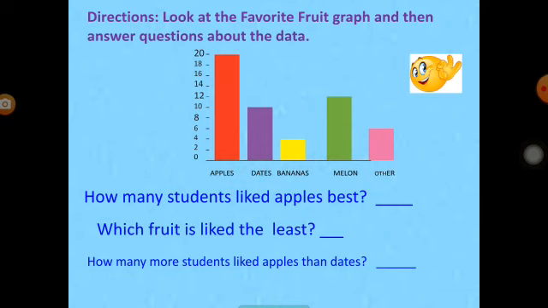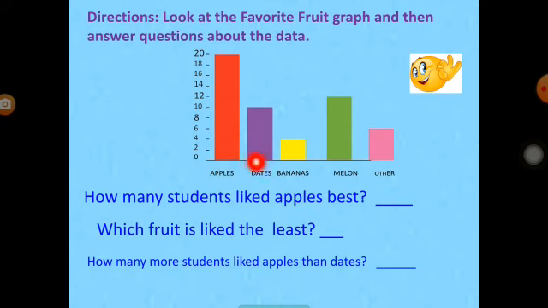So, how many students like apples? We said before we are going to start from 0 until we reach the end of the bar. So the number of students that like apples will be 20. And how many students for dates?